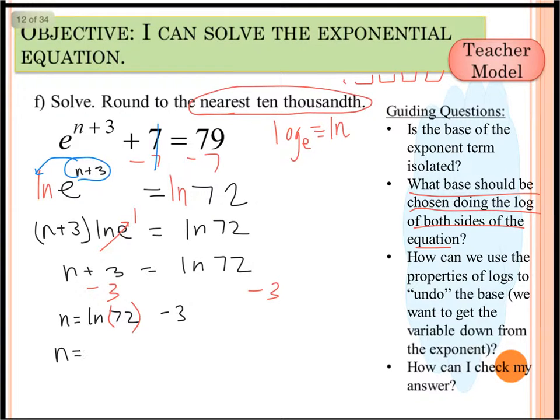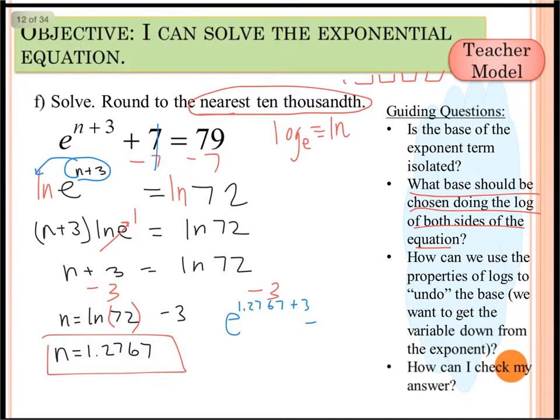So I have n equals 1.27, and then it looks like 6 repeats a few times, so that last 6 is going to round to a 7. Then the last thing that I want to do is check it, which I will do. I'm going to put that all into my calculator though, but this is what I'm putting in my calculator.